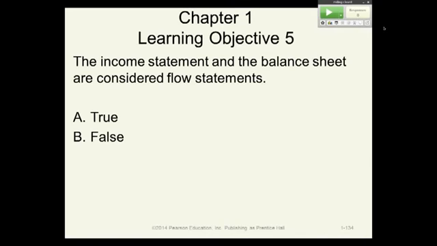Just to remind you, the question is asking you whether or not the income statement and balance sheet are both flow statements. And the answer to that is false. Which one of these is a flow statement? Anybody? Income. Income is the flow. Balance sheet is the static or position statement. So that answer is false because the balance sheet is a static or a position statement.